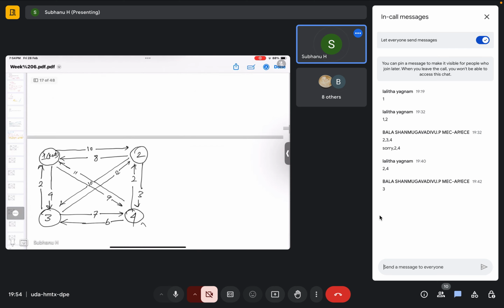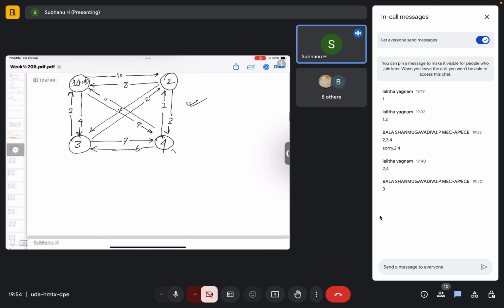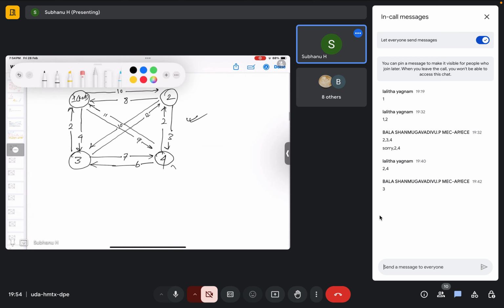Okay, this was our first graph, which was directed and fully connected.